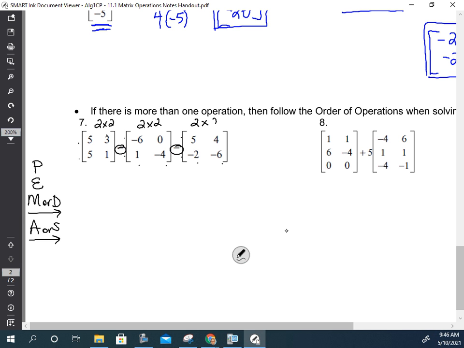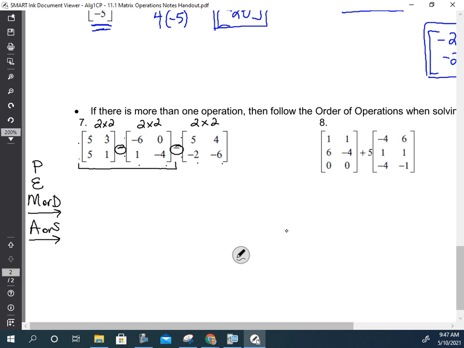So everything's the same size. If it's not the same size, you can't add, subtract, or anything along those lines. But now you just work the problem like you would the order of operations. Do it 2 at a time, going from left to right.